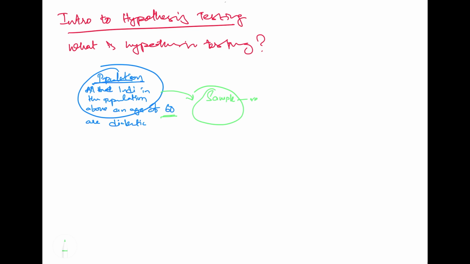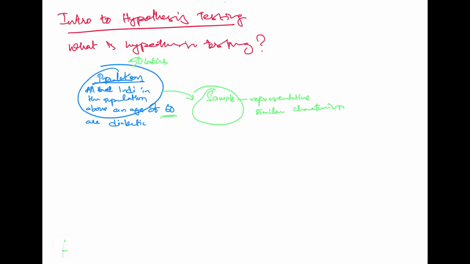which is representative, meaning it would display similar characteristics of the population. Let's say we have a population of 50 lakhs.